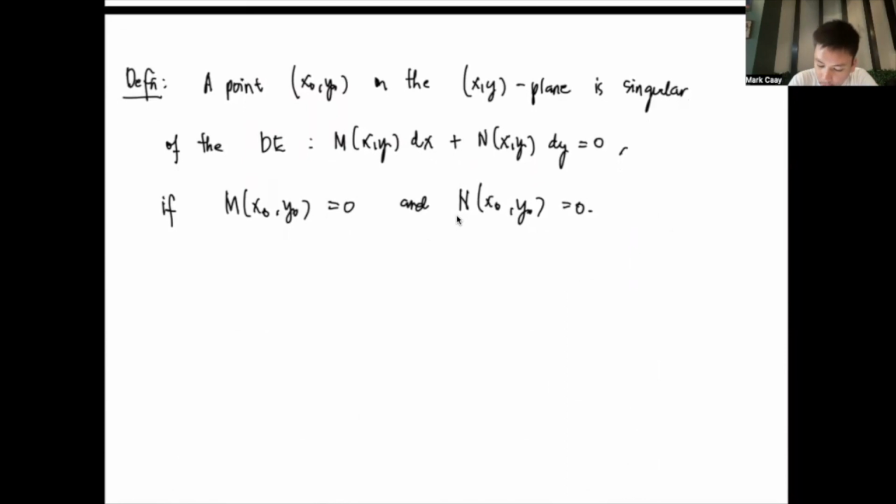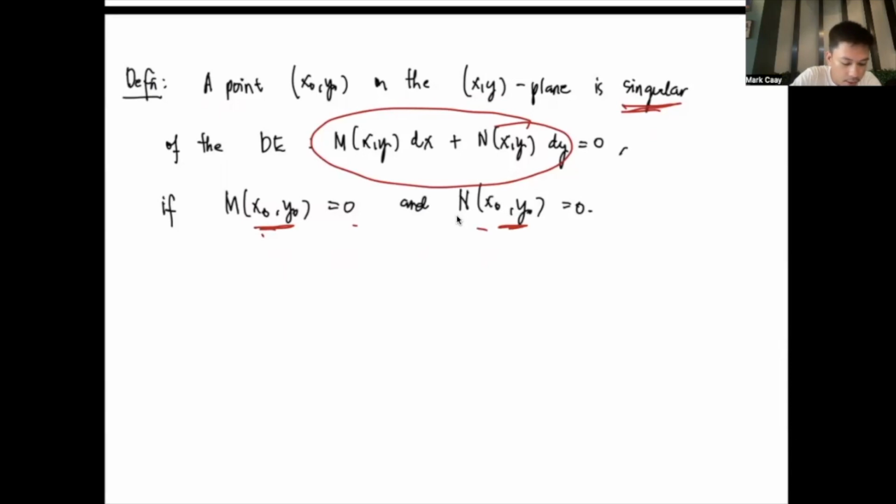Okay. So let's introduce another definition. A point x sub 0, y sub 0, or x naught, y naught, on the xy plane is a singular point of the differential equation, when your differential equation is written in the differential form or the irreducible form, if you plug in that point, m and n both become 0.